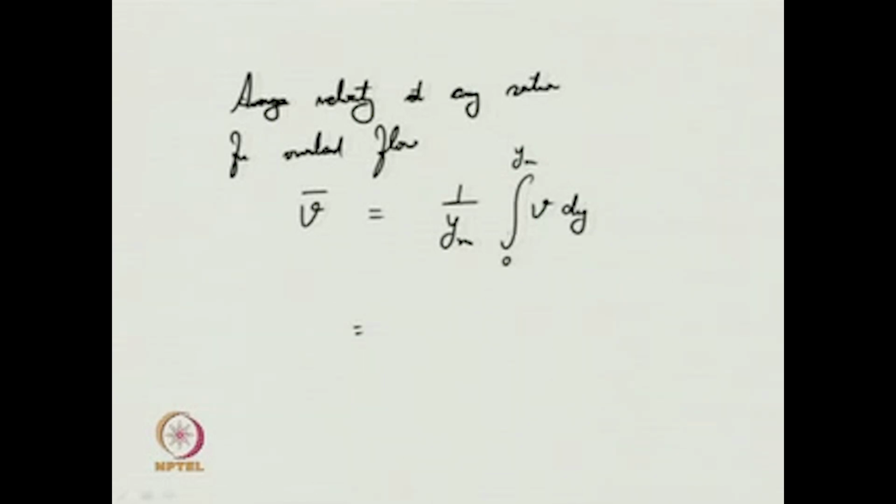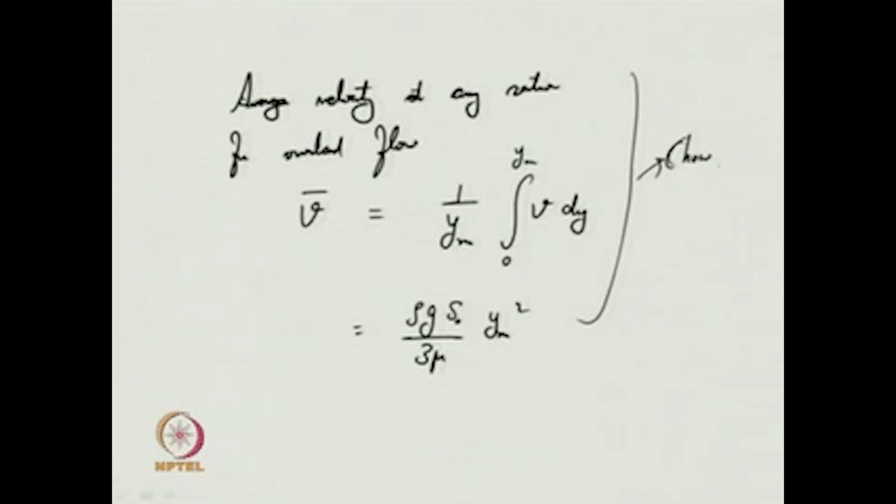You just substitute the quantity of v whichever we have given here, you will get this as rho g s naught by 3 times mu into ym square. So, these portions we have referred from the text of Ven Te Chow on open channel hydraulics. So, this average overland flow velocity is computed in this way. This is as good as your uniform flow, meaning this velocity is the same as the uniform flow.